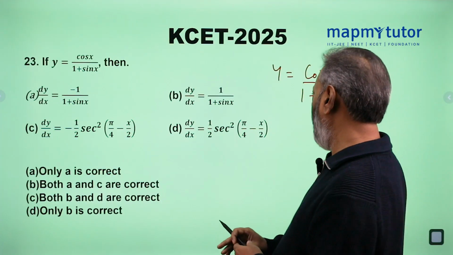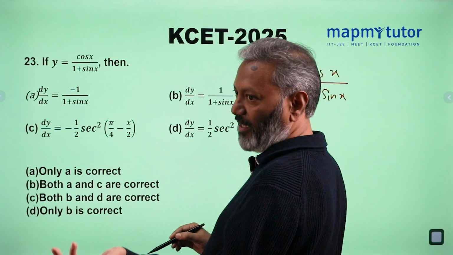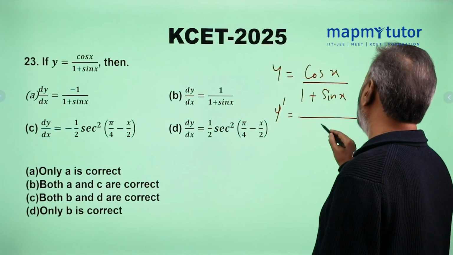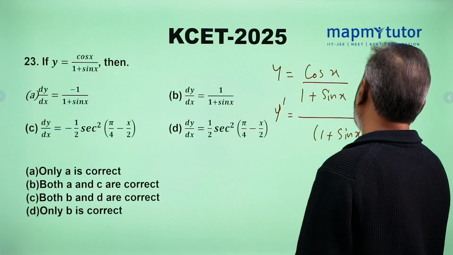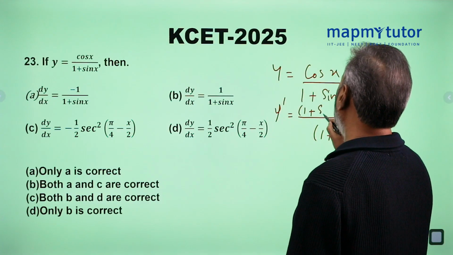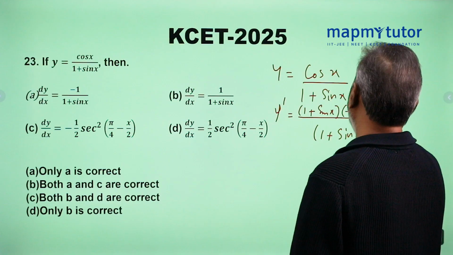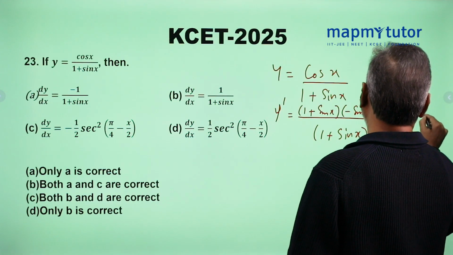Okay? Let me check. First, let us find out y dash, of course dy by dx, using your u by v rule. Everybody knows the u by v rule: 1 by v square, of course, and in the numerator, v into u dash, that means 1 plus sin x into u dash, that is minus sin x, minus u into v dash, that is cos x.